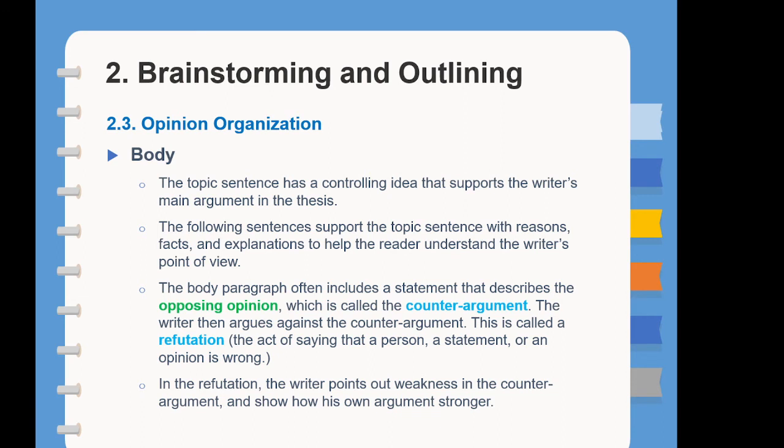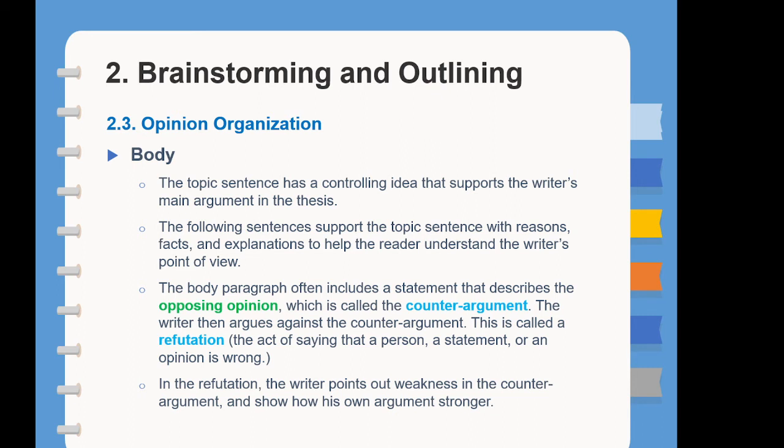You just write one or two sentences about the opposing opinion, which is called the counter argument. And then, after you state this opposing opinion, you have to fight back. You have to argue against this counter argument.